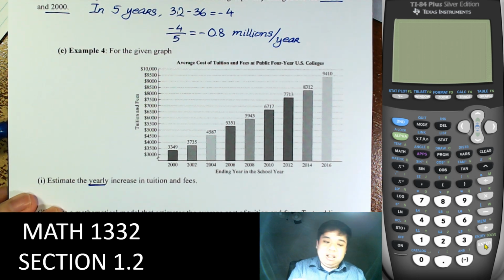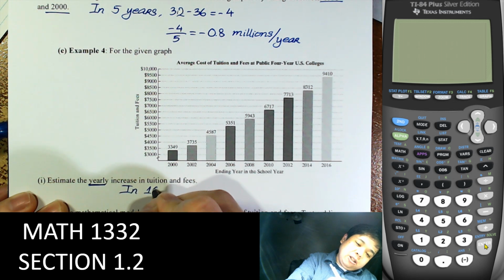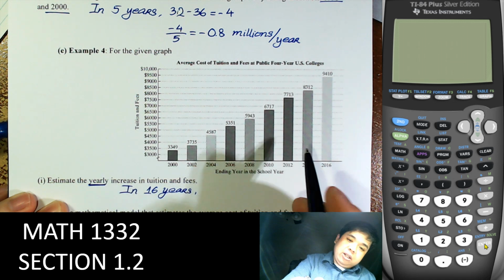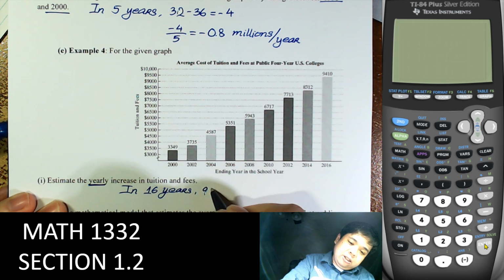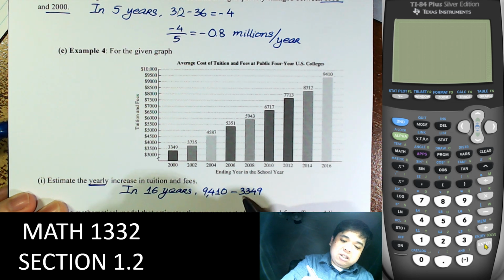That's 16 years. So first we write in 16 years it increased by that much. The number in the future minus the number from the past, or the final minus initial.